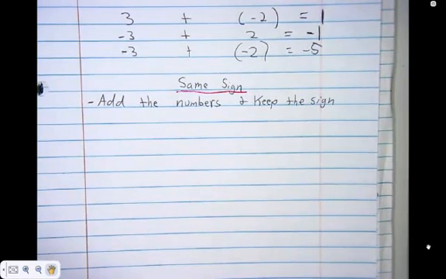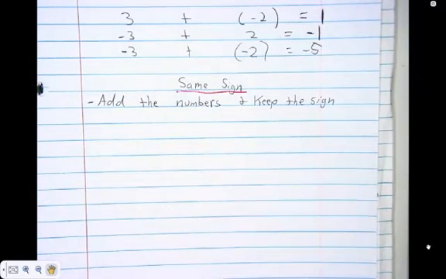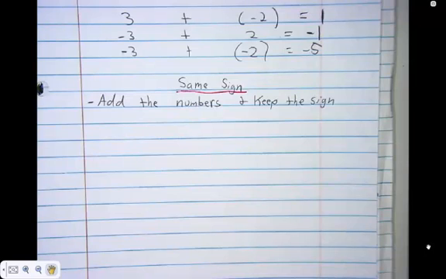Just like in example number 3, we had the same sign, we just added and kept it. Like if you had 2 plus 1, the answer would just be 3. So same sign, add and keep.